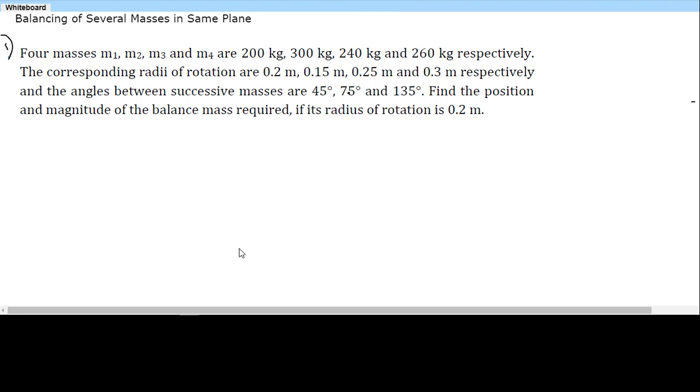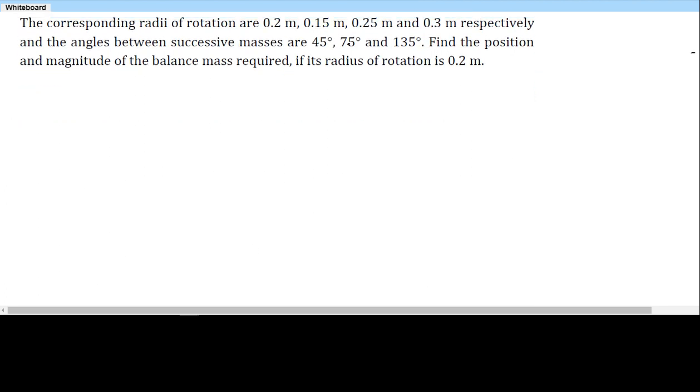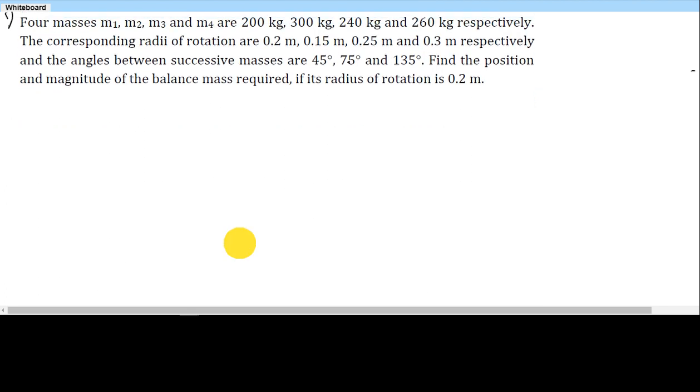Taking a horizontal line to represent M1, it has a radius of rotation R1. It is 200 kilogram and the radius of rotation is 0.2.